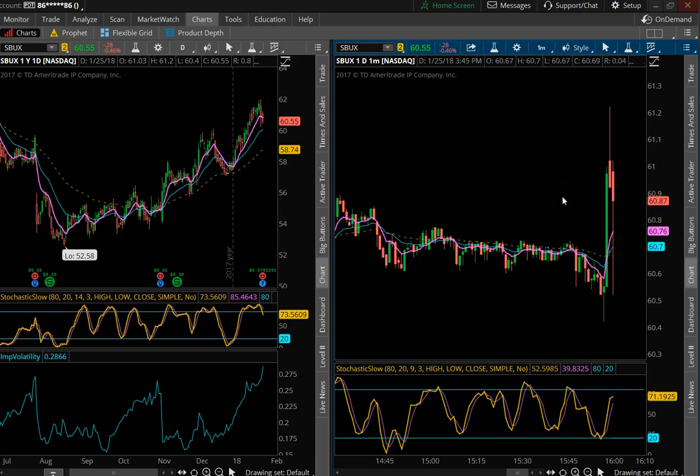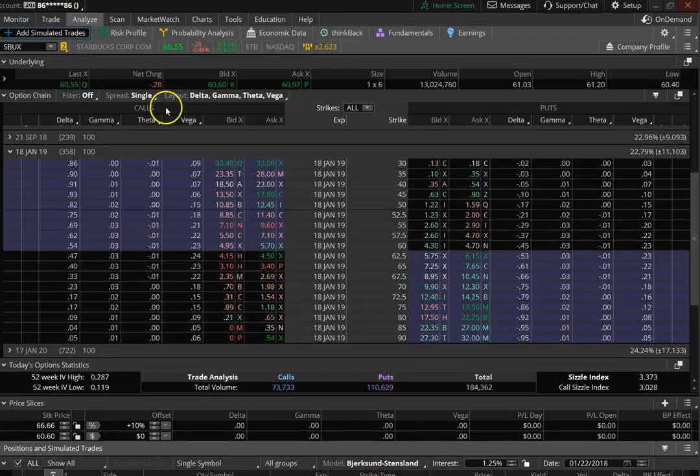Some traders trade after market, but it's dangerous because it's limit orders only, and you really need to know what you're doing. But here you see why we have volatility going into expiration. You have volatility going into a binary event like earnings, and then it tells you what it's going to be, and then tomorrow you will see that volatility will just be sucked right out of the option.